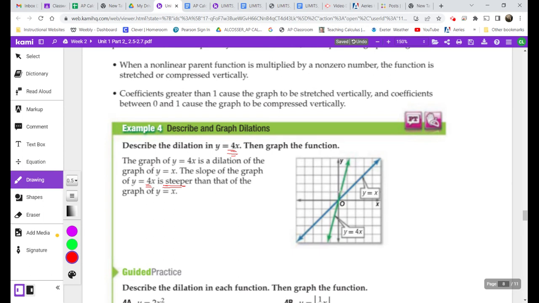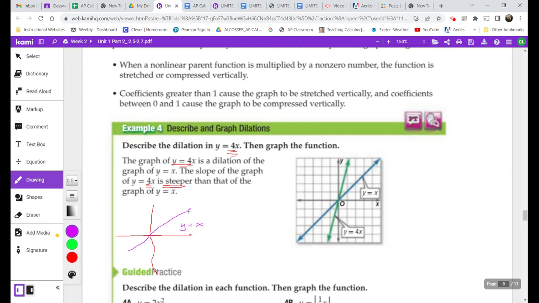So if you look at this and we do y equals 4x, if I draw my y equals x, like they did here, it's just going to be my parent function. My parent function is just y equals x. That's my parent.